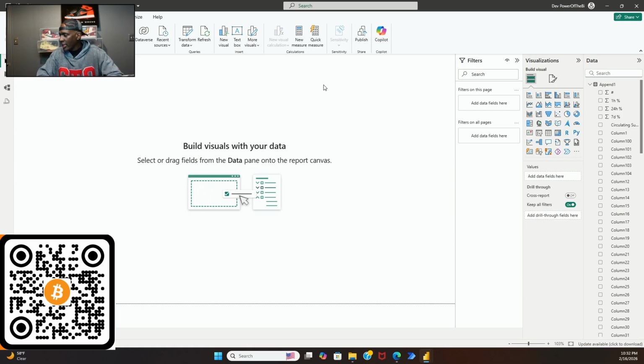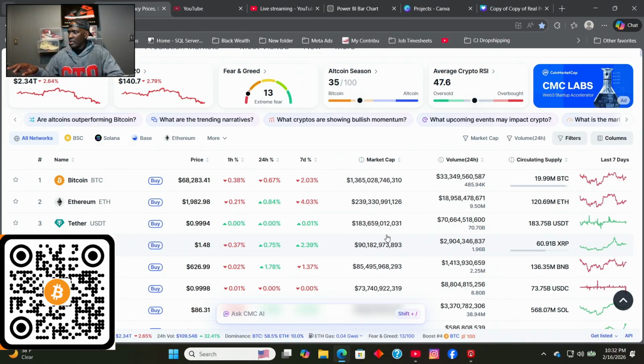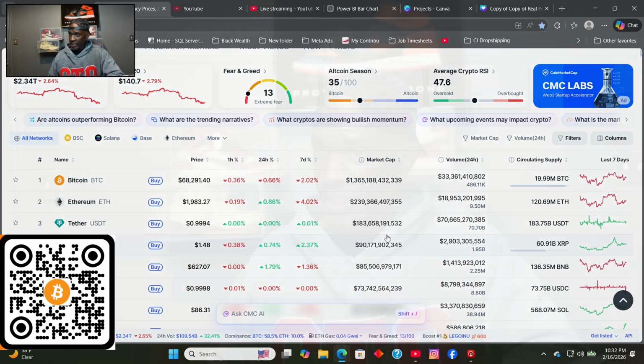Typically, the visual I like to use when building a Power BI report is a table. In Coin Market, we see this information is already created here.